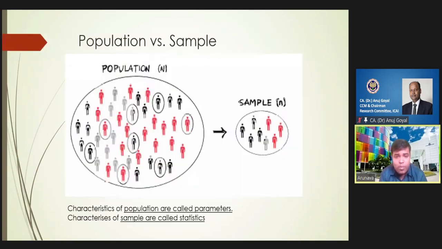So a good example can be in your regular day-to-day analysis, maybe you are reviewing or auditing different companies, right? In this picture, these different people can be representations of different companies. And if you are making an inference that having a woman on the board of a company, and if that woman is also part of the audit committee, then there is good decision making happening in terms of finance, right?